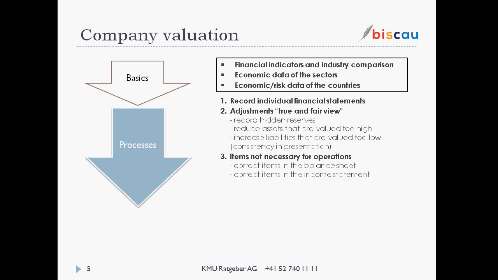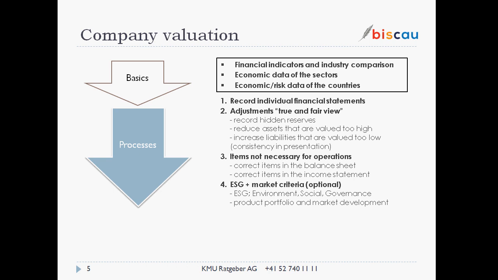Third, items not necessary for operations. Here we can have positions in the balance sheet and also in the income statement. Fourth, the ESG and market criteria. This you can also record for your company, but this is optional.